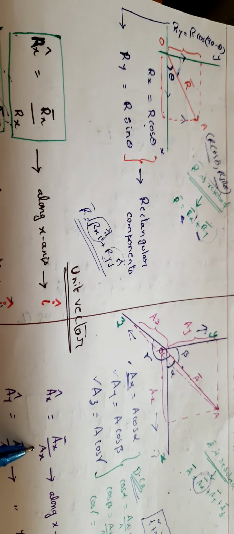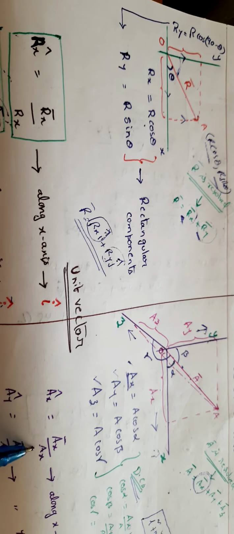Why? Because that converts the given scalar into a vector. That converts the given magnitude into a vector. Right? That means you are imparting direction to this value. So therefore, it becomes a vector.